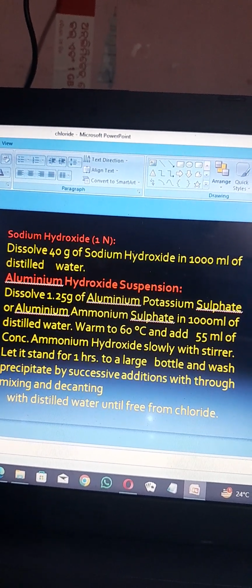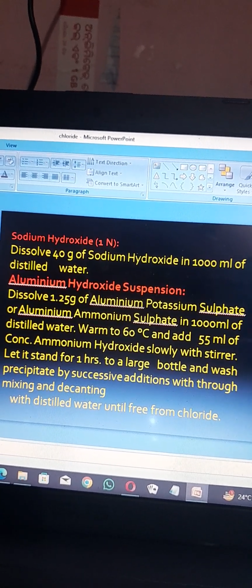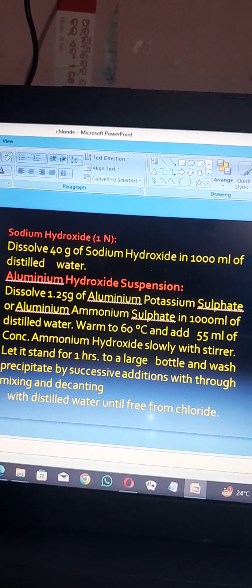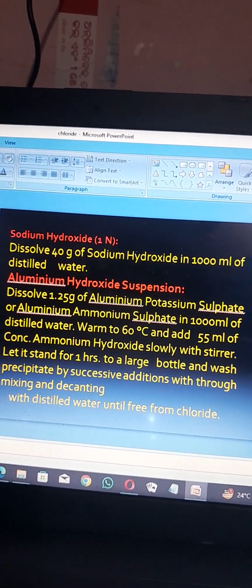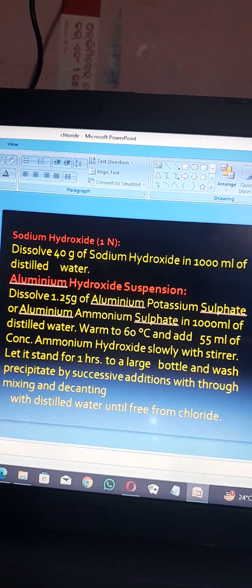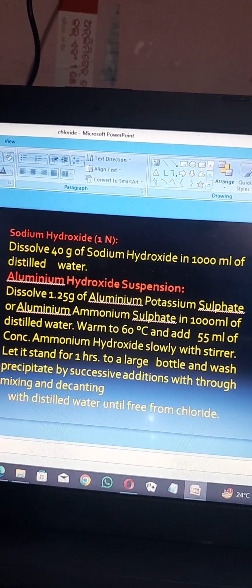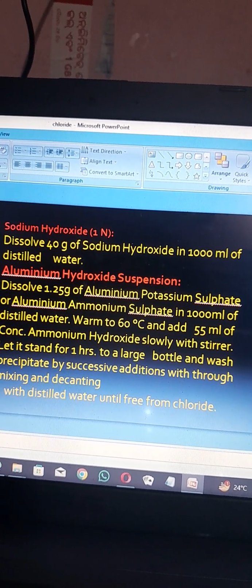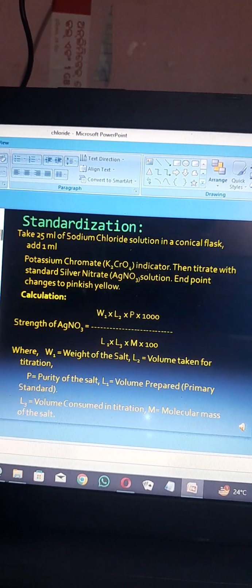We have to warm it to 60 degrees Celsius and add 55 ml of concentrated ammonium hydroxide slowly with stirring with a glass rod, and let it settle for 1 hour in a large bottle and wash the precipitate by successive addition of distilled water with mixing and decanting, until free from chloride.